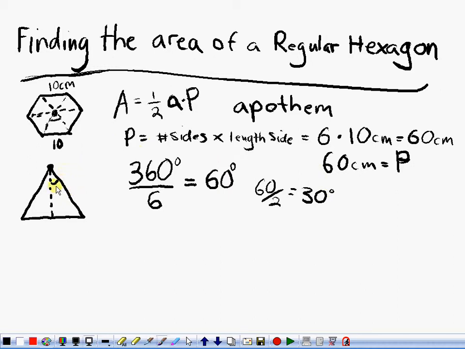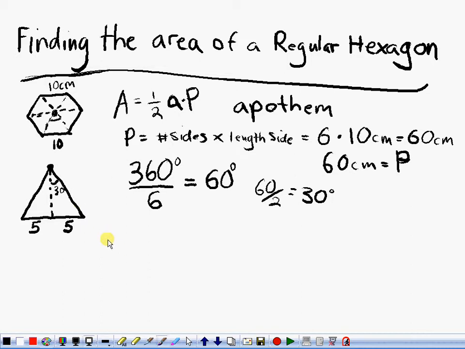But guess what? The apothem not only bisects the angle, but also bisects the side, right? So now you have 5 here, and you have 5 here. And that whole side is 10, but this is 5.